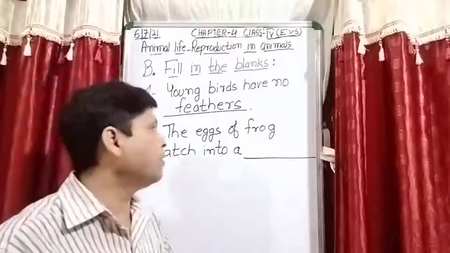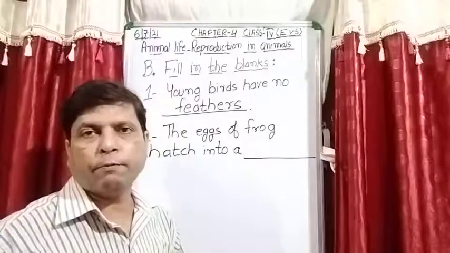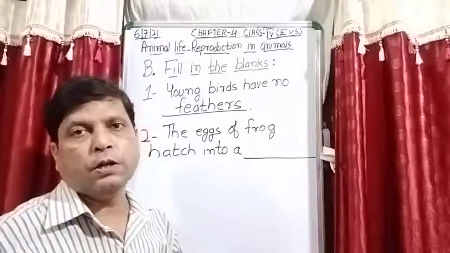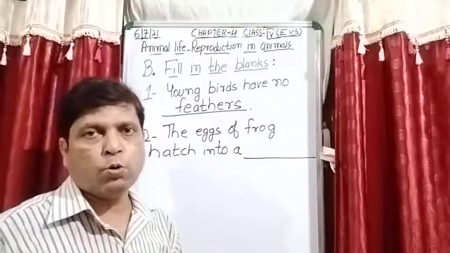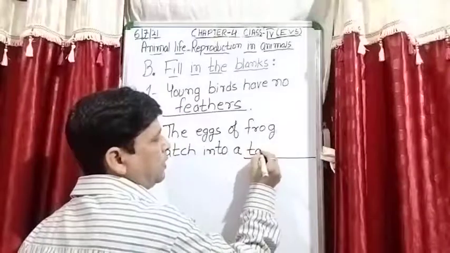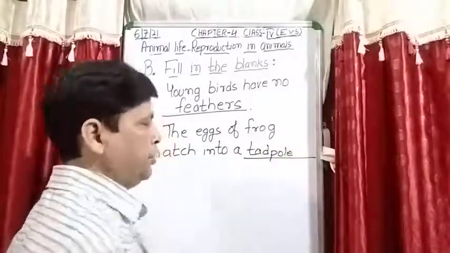Is it clear? The young ones of the frog which come from the egg, or you can say the first stage, are known as tadpoles, and at this time they have tails like a fish.